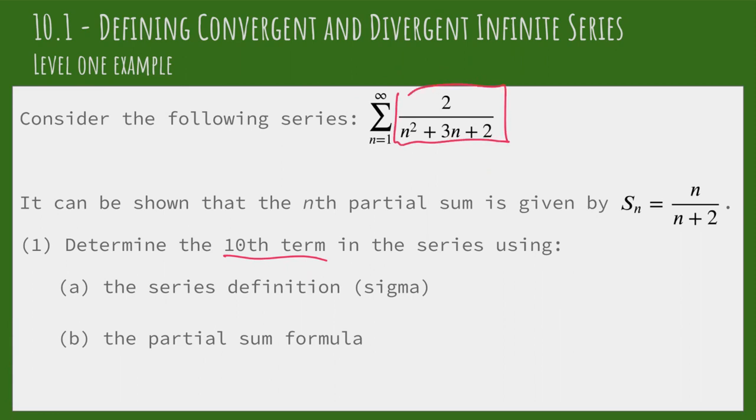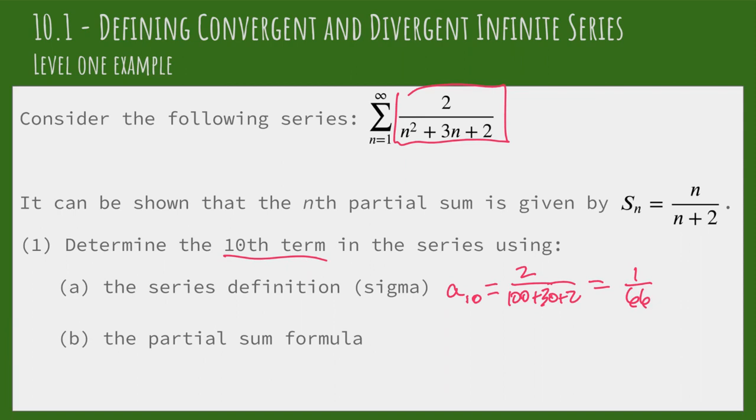I'm going to call this a sub 10. We're just going to put 10 in. So we get 2 over 100 plus 30 plus 2, which for comparison with part B, because we're going to find the same thing a different way, I want to simplify. So we're going to get 2 over 132, which reduces to 1 over 66.